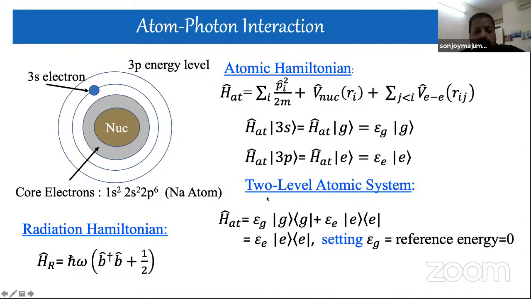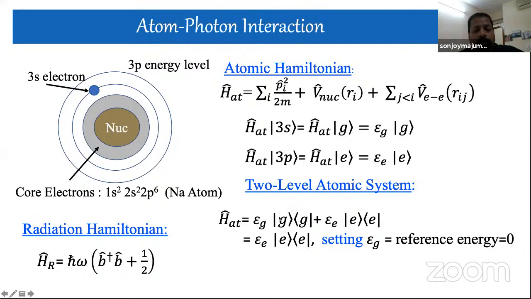Now if you want to write it in the bracket notation, how do I write it? This is the Hamiltonian. Since there is a frozen part, we don't bother about it; we only have a few degrees of freedom, the ground state and the excited state, and we want to write the Hamiltonian in terms of those orbital functions, or bracket form. So we can write it in terms of density form.